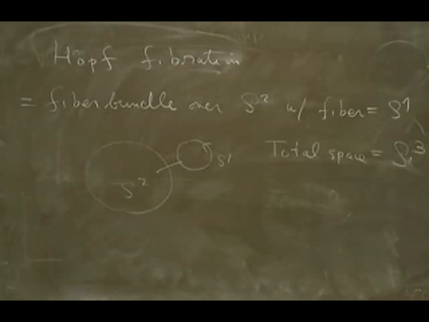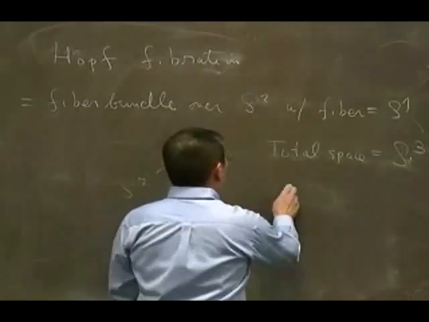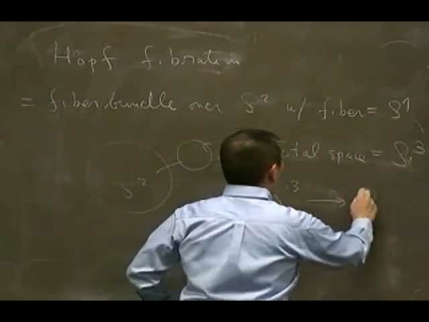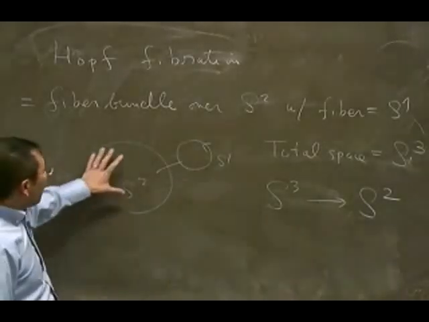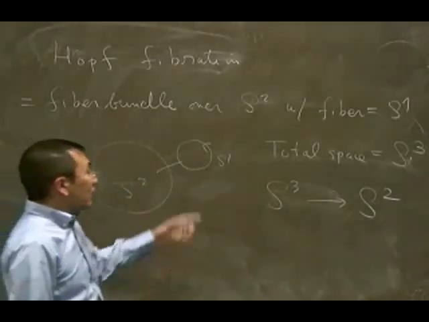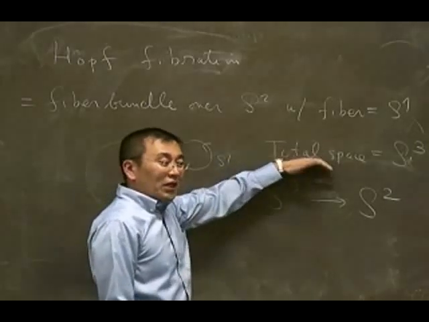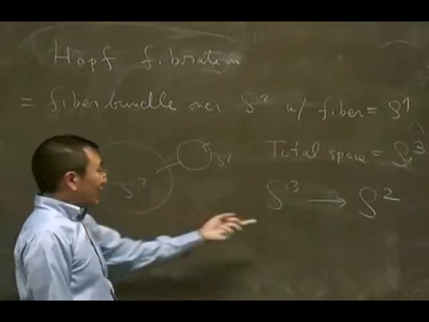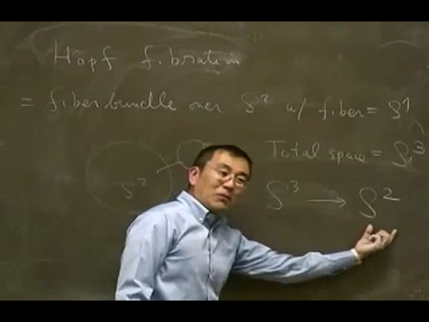In fact, the initial motivation of Hopf to come up with this kind of fibration was to understand the homotopy classes of maps from S3 to S2. Because if you have a fiber bundle, one of the things that you have is a projection map from the total space to the base. And this is exactly such a map, from the total space S3 to the base S2.